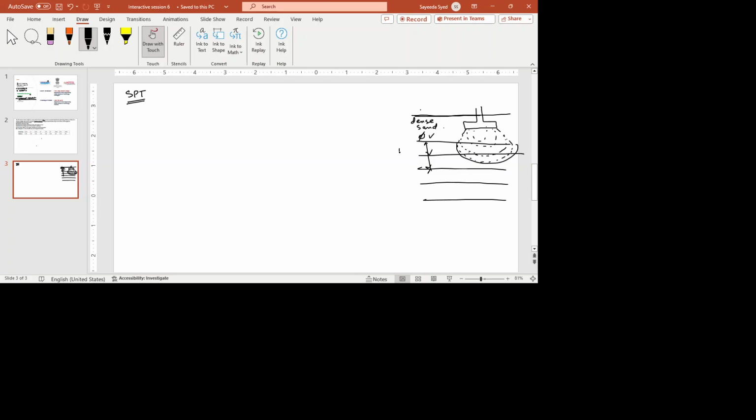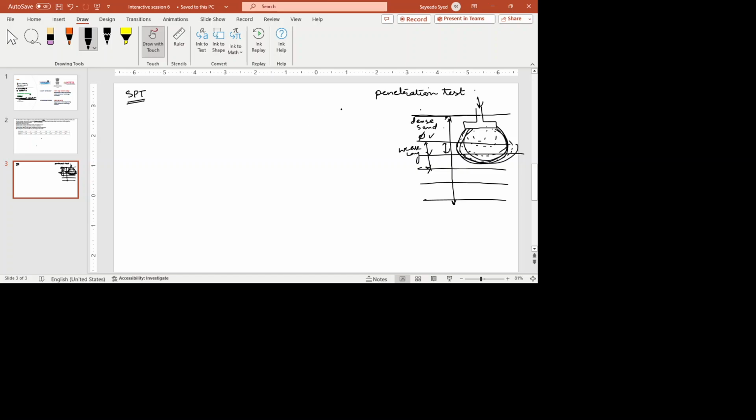For example, if I have a weak layer here, there will be excessive settlement here, leading to excessive settlement of the foundation. So we want to know about these soils, especially within the pressure bulb of the foundation. For this, we do these penetration tests, because we want to know about the strata.